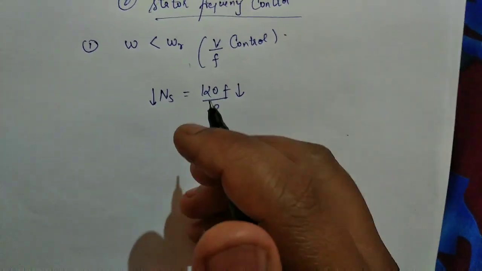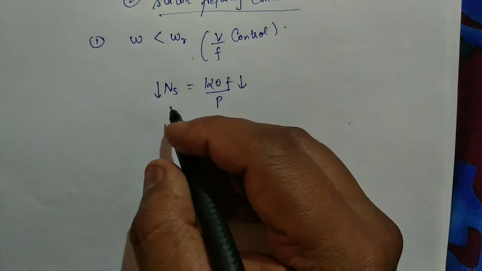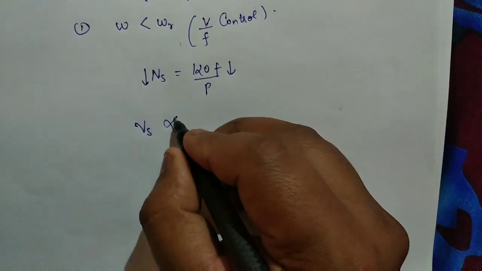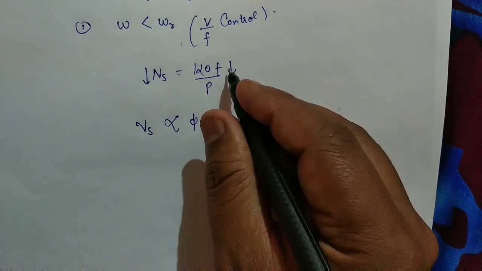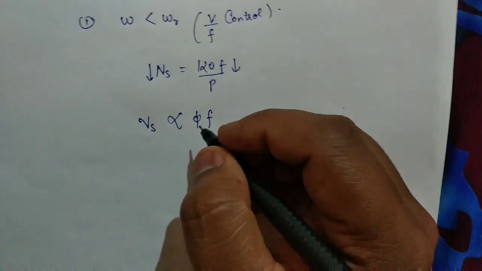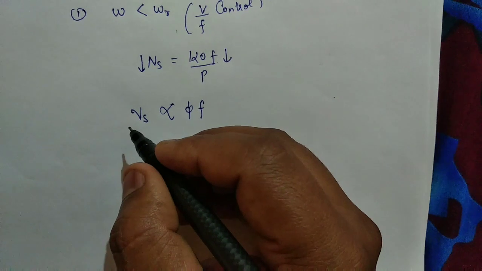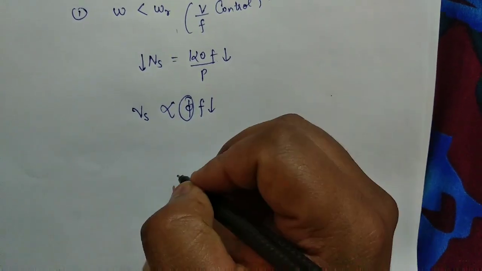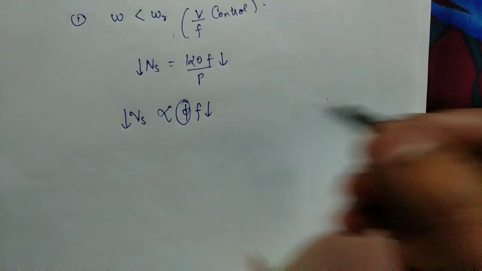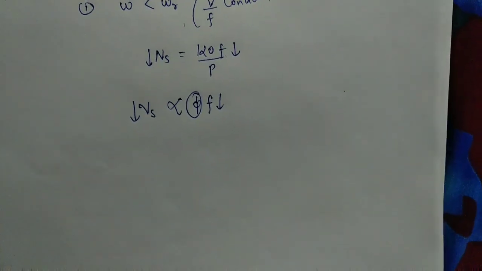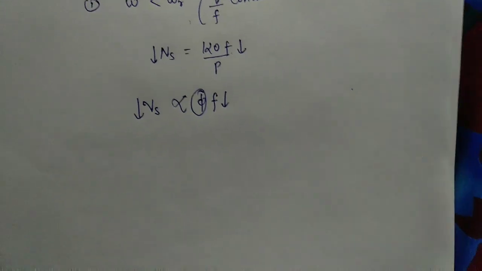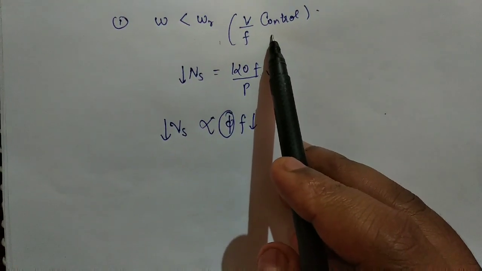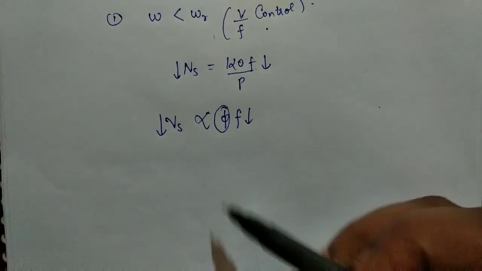For decreasing speed we have to decrease frequency, and Vs is directly proportional to phi NS. NS is directly proportional to F. So to maintain flux constant, if we decrease frequency we have to decrease Vs. Okay, so in this method V by F is constant to maintain constant flux.